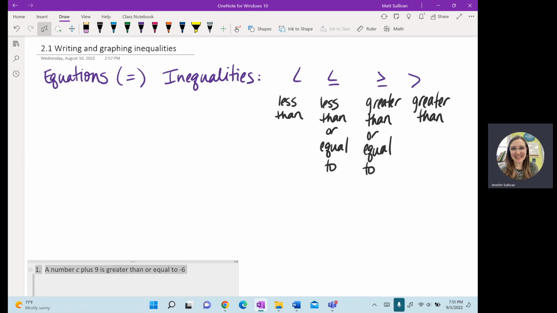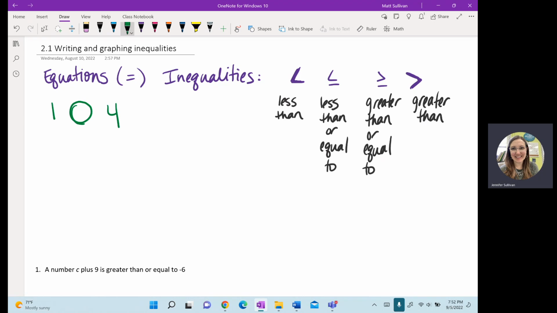Now, I don't know what you guys have done with inequalities, but when I was in school learning these, I had a really hard time keeping straight which one was the less than and which one was the greater than. In grade school, even in kindergarten, they give problems with a number, a little circle in the middle, and a different number, and you had to figure out which inequality sign went in the circle.